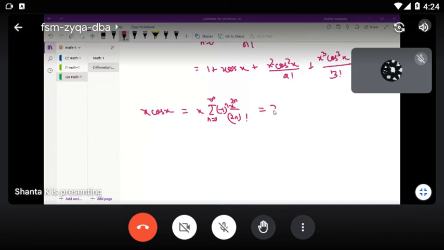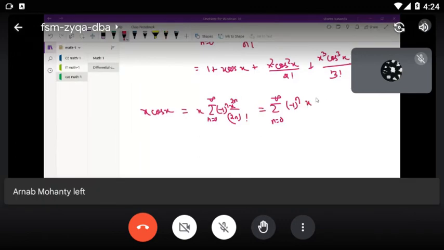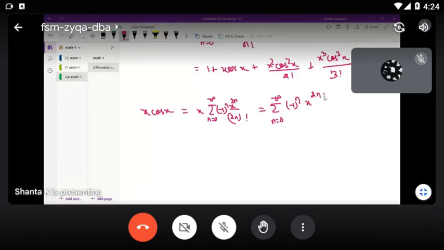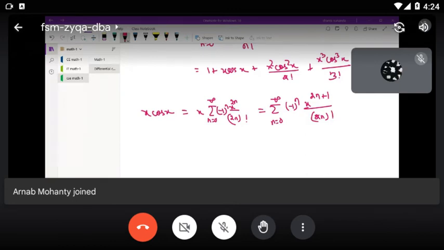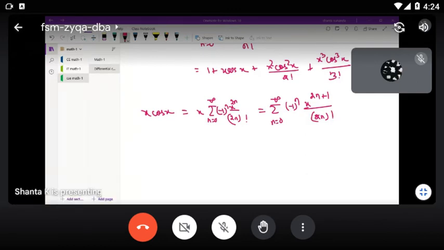So cos x equals 1 minus x square by 2 factorial plus x power 4 by 4 factorial. That's what we have taken.